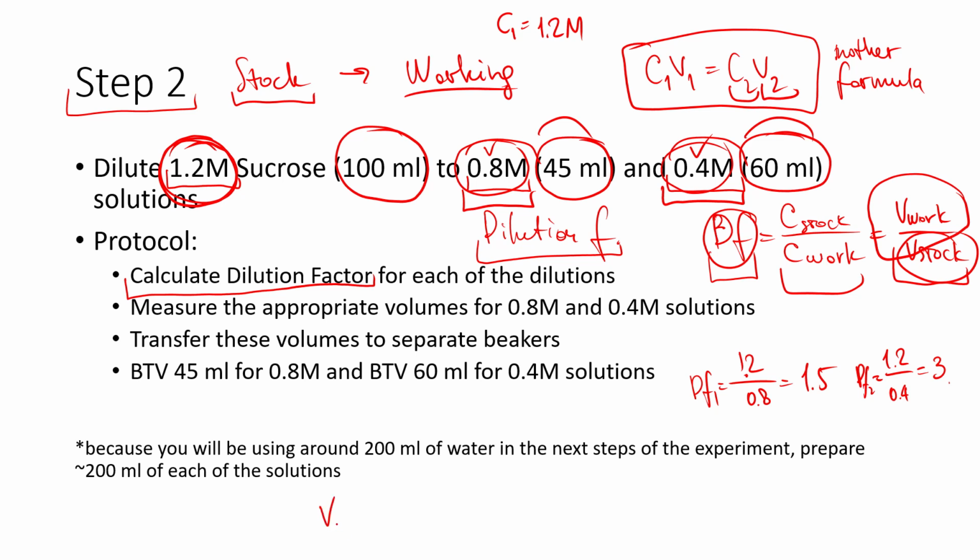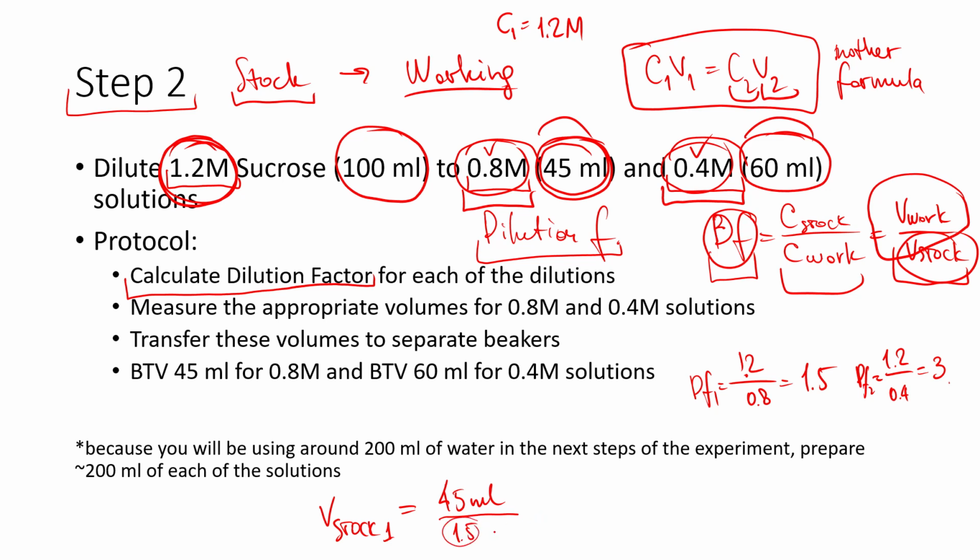Okay, so now we need to identify the V stocks. So let's call V stock 1, which will be equal to 45 milliliters. So here you can see them, and you need to divide it by 1.5.